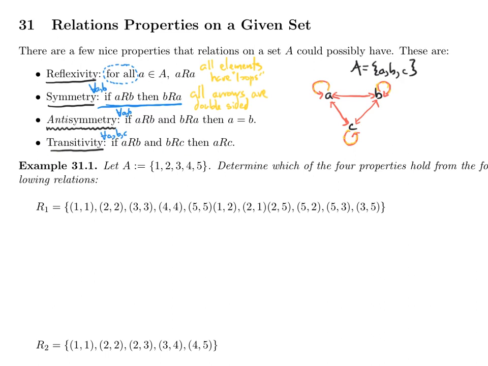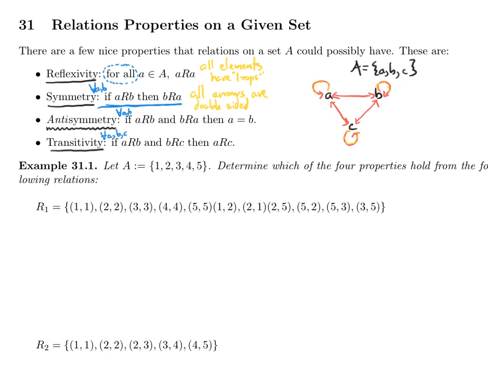Transitive basically says anytime that there could be a triangle, there is a triangle. Here, it says if A is related to B and B is related to C, anytime that there's a path between two elements through another element, there's always a direct path to get there. Because we can go from A to C through B, it means we can just go to C directly.